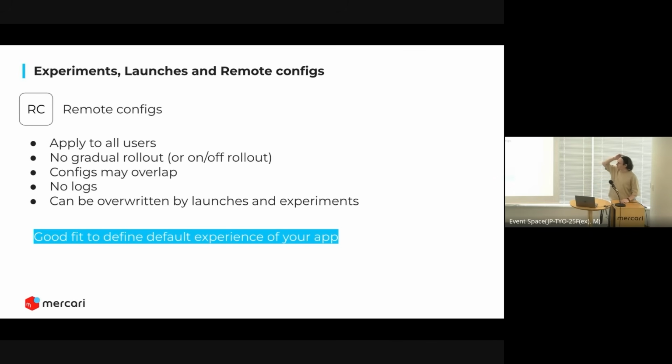And the third and last part is remote configs. They again apply to all the users. They don't have gradual rollout. It's just binary. You either make it available or not. Configurations may overlap.